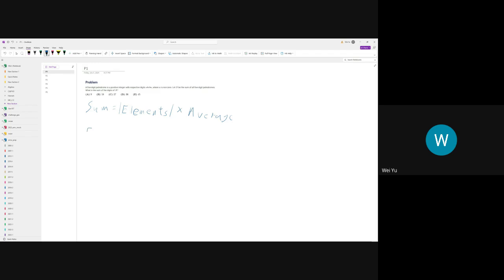To calculate the number of elements, we just have to multiply the number of choices for A, B, and C. A can be any number from 1 to 9, which is 9 choices, and both B and C have 10 choices. So there are 900 elements.